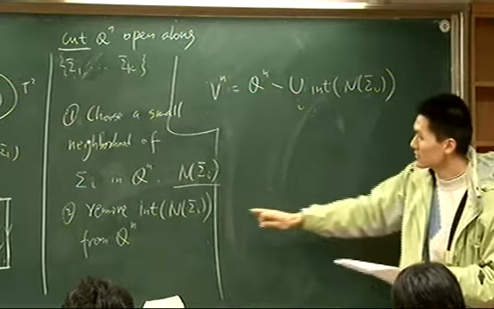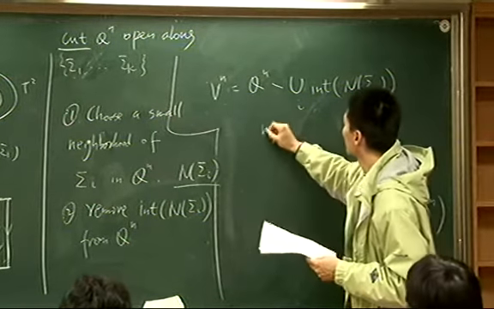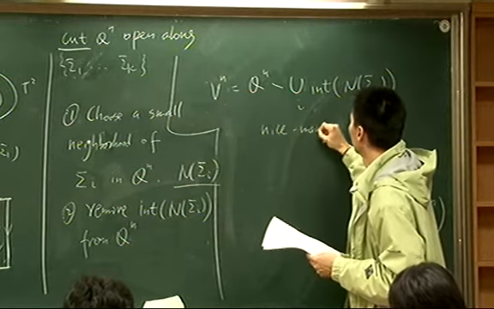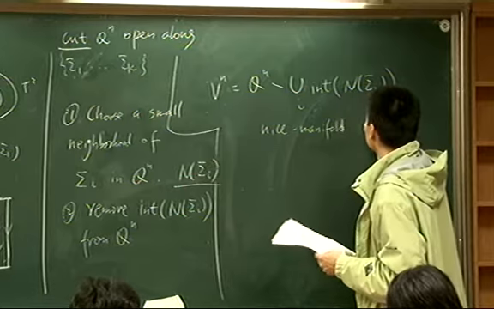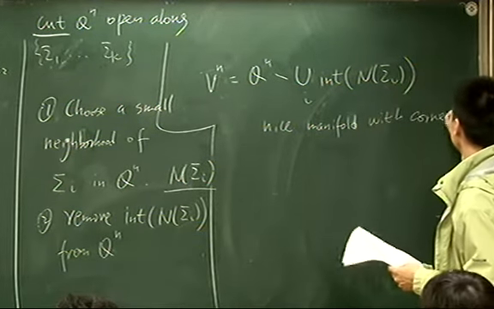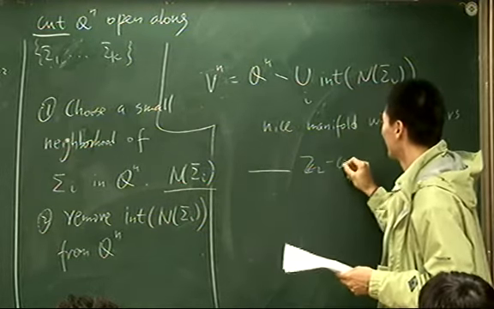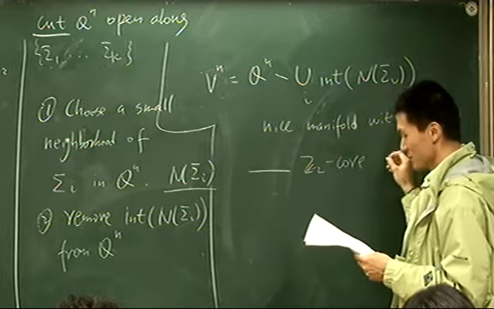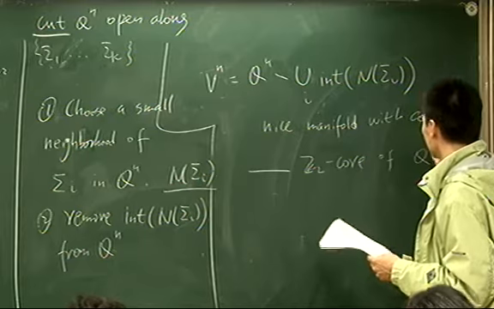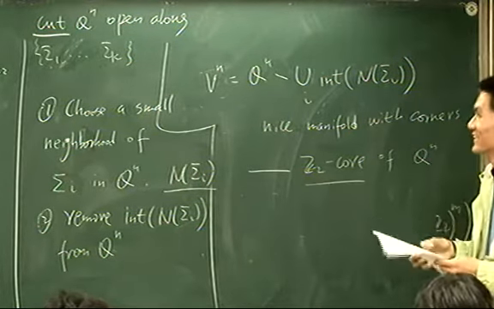You remove all these neighborhoods, and then we get a nice manifold with corners. I give it a name, but I don't know if this is a very good name or not. I call it a Z2-core. This is a name invented by me.